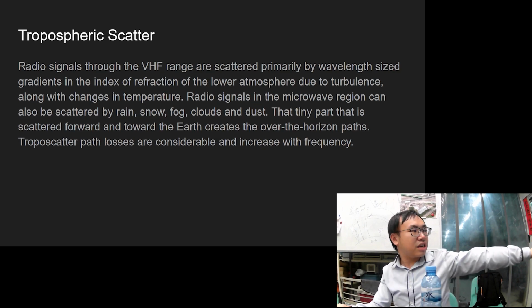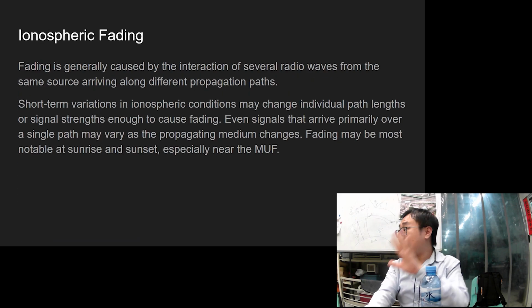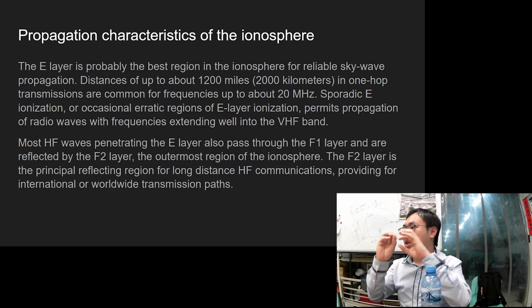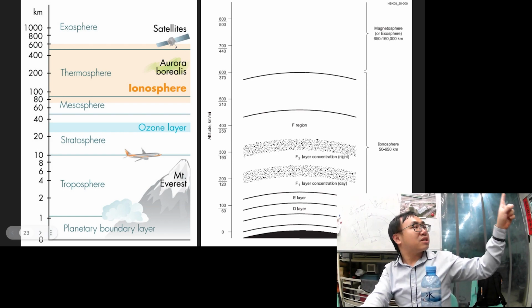The last one, tropospheric scatter. At the time when I studied the lesson, they didn't talk a lot about tropospheric scatter, and I can't find a lot of information. But you can see this one, right? There is a troposphere here. In the troposphere, there are a lot of water molecules and dust.